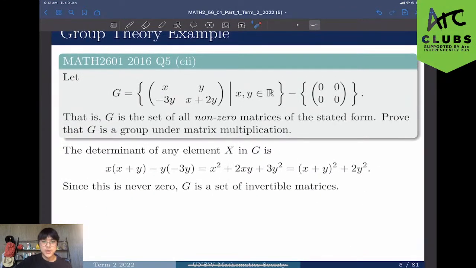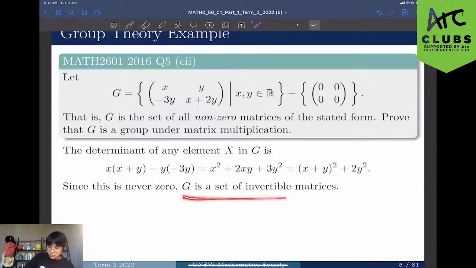First, we calculate the determinant of any matrix in G. It is just the product of these two minus the product of these two, and we find that it's always positive. This is never going to be 0 because we know that G is a set of all non-zero matrices.